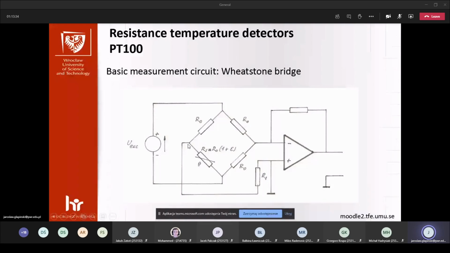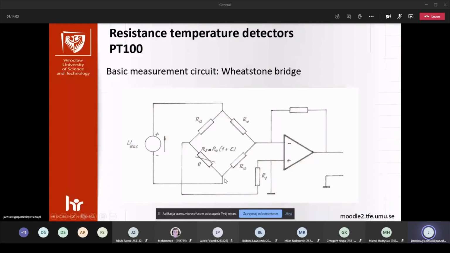So what is the solution? The solution is to make a reference voltage. If we add another branch of resistors which are similar to those, let's say 100 here, 100 here, and 100 and 100 here, then in this situation, at 20 degrees, the difference of the voltage here and here is 0, because all resistors are at 100.